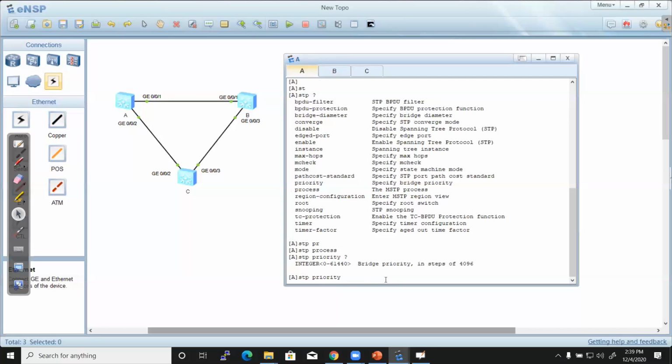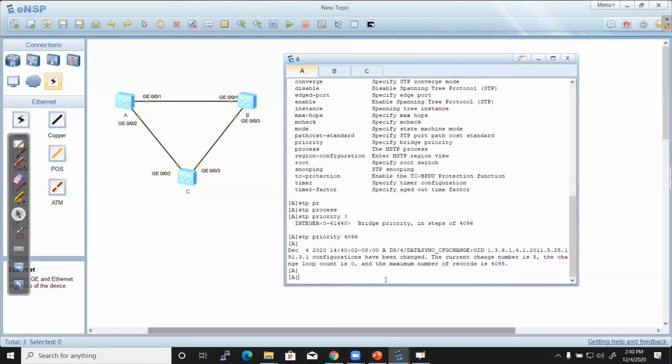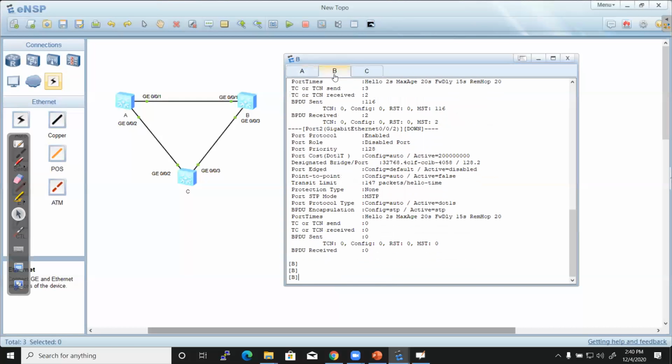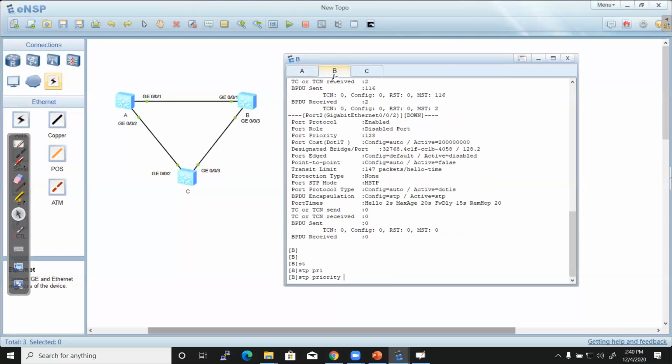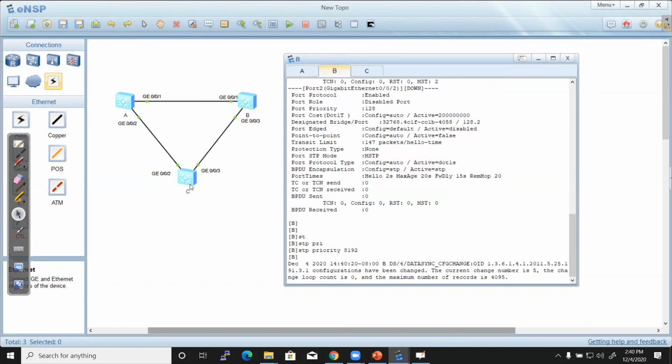So I will set the lowest priority, which is 4096. And that's it. And then the priority of switch B, I will say STP priority, for example, 8192, and that's it. And I'm not going to change the priority of C. I will leave it at the default priority.